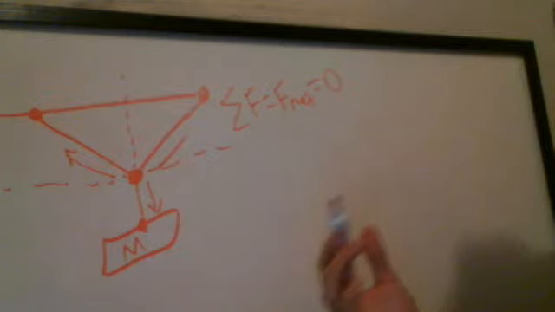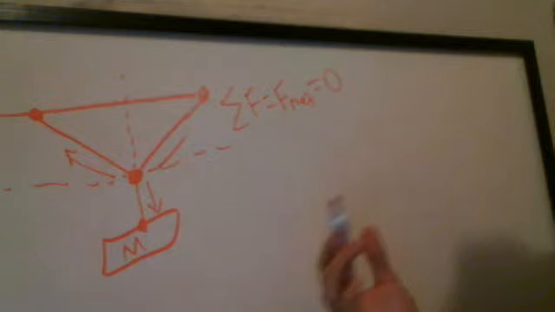I'm going to rewrite this on the board. F of x, since now that I have more room to write it, I will write the force of tension 1 cosine of the angle it is at. I'm saying this is tension 1, this is tension 2.